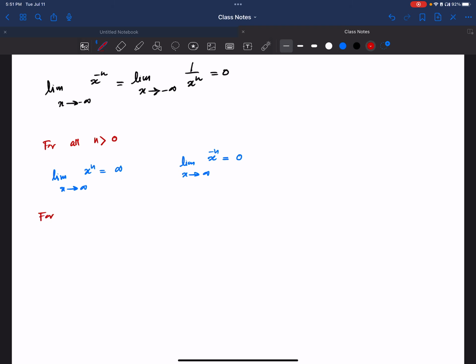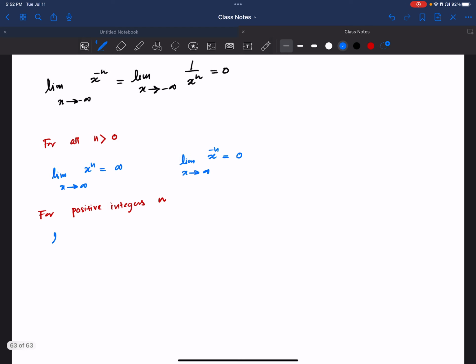For positive integers n, or n is a positive integer, the limit as x goes to negative infinity of x to the power n equals positive infinity if n is even, and goes to negative infinity if n is odd.